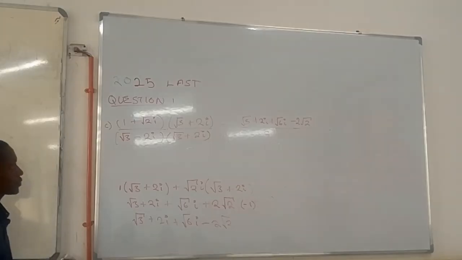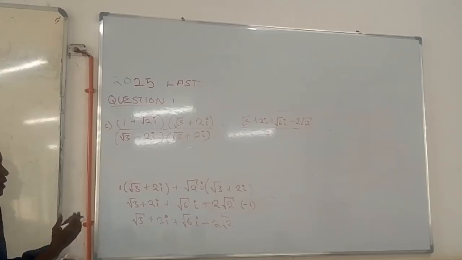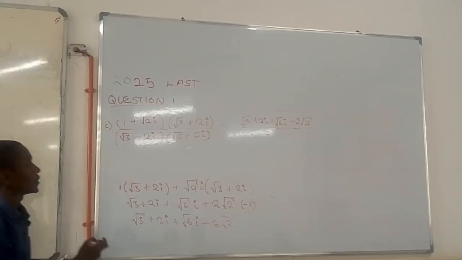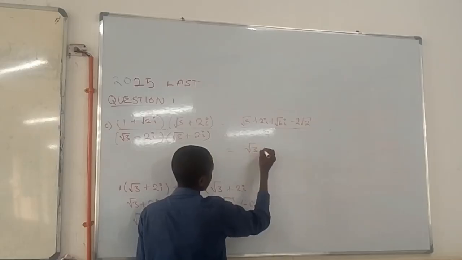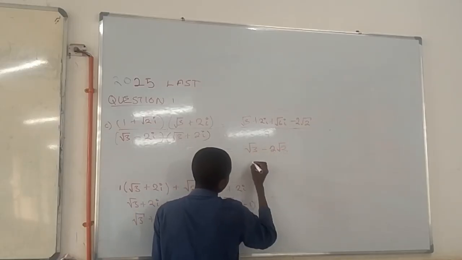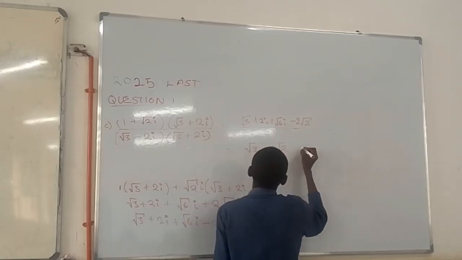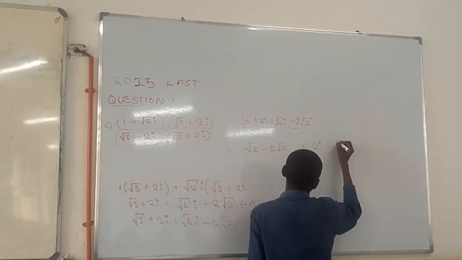Okay, so when you reach that point, what you need to do is group the terms with I together. So when we group them, we'll have root 3 minus 2 root 2 I, then plus 2I plus root 6I.